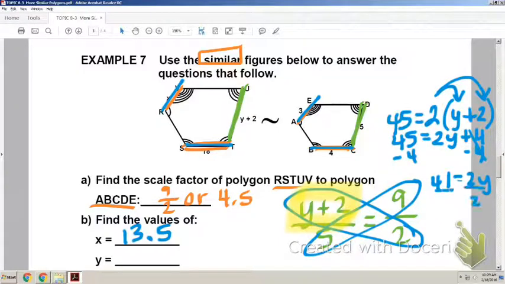Divide by 2, and y is 20.5. There we go. So make sure you just set up your proportion, and you can use your scale factor for one of those ratios.